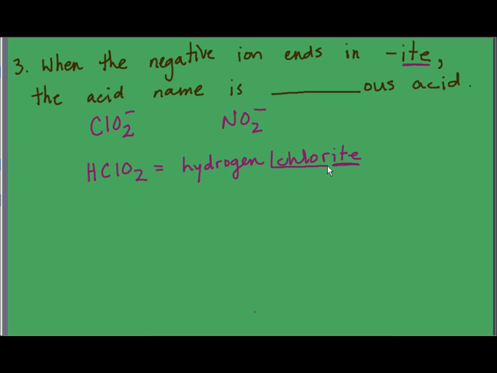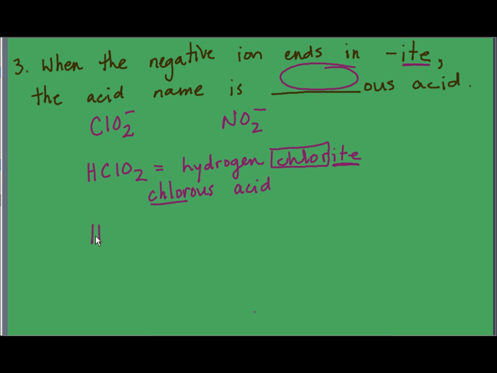We take this part right here, put it into that blank, so that is going to be chlorous acid. Following rule number 3, we've got our root right here, the ending changes to OUS, chlorous acid.